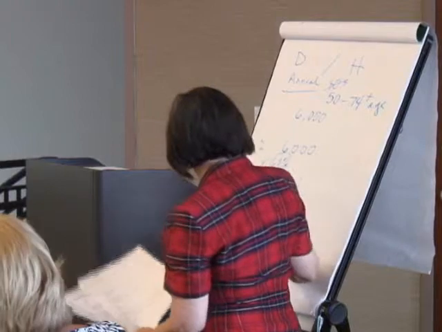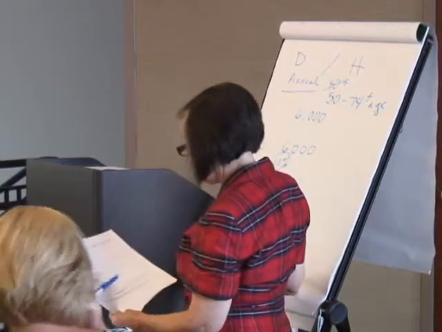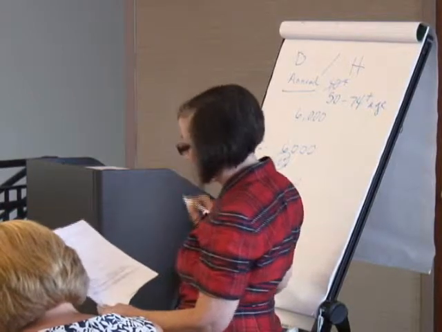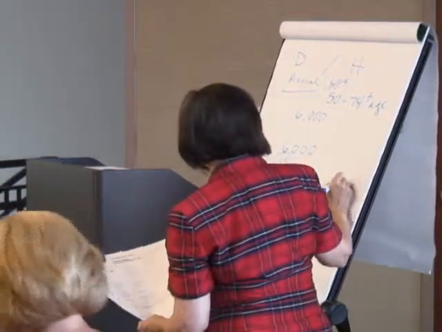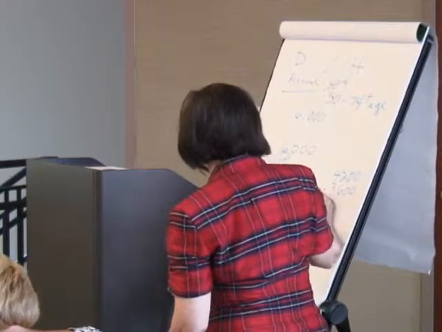So 4,200 from 6,000 is, the difference is what? I'm sorry, I said that wrong. 4,200 is where we want to be. 3,600 is where we are.